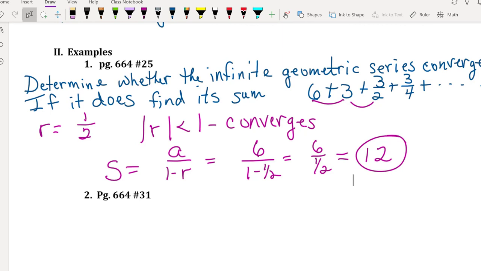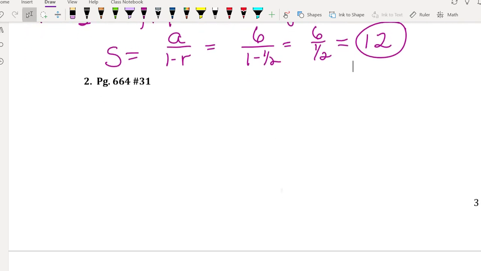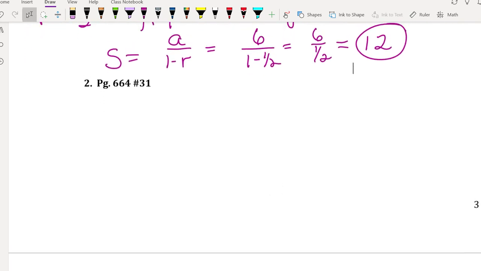Okay, and then finally, we're going to finish our discussion with how we can use a geometric series to write a rational number as a fraction. It comes from the fact of what we did in number 23 earlier. So that's how these two things are connected, which is, I think, kind of cool.